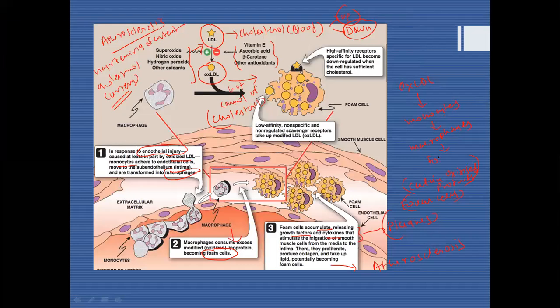Macrophage will turn into foam cells, and deposition of these foam cells will lead to blockage of the pathway, and then there are chances of development of myocardial infarction or atherosclerosis. So in this way, oxidized LDL is associated with heart related complications.